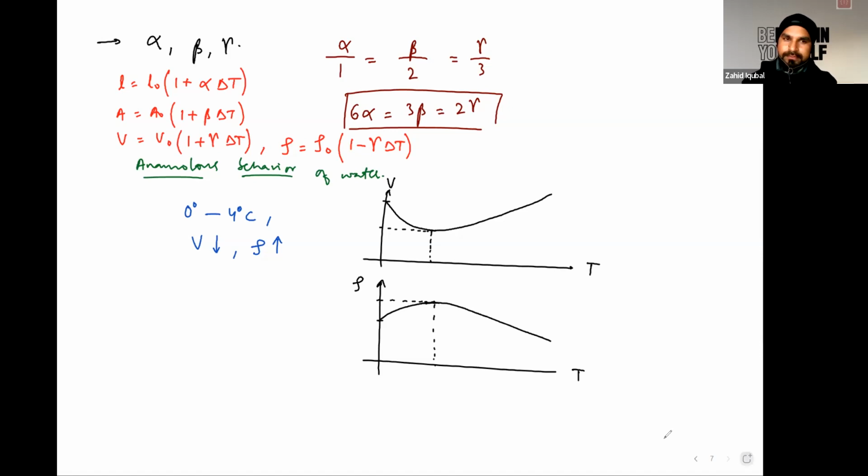Next is, you will be asked to define the term triple point.